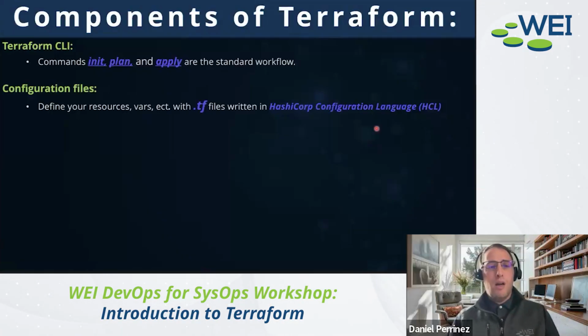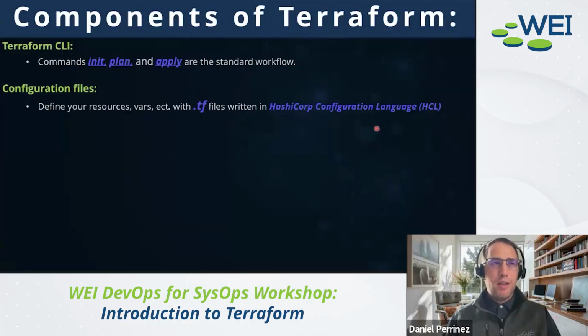So with a configuration file, you'll define your resources or your variables, etc., with .tf files, and these are written in something that's not too dissimilar from YAML, like we've talked about in previous topics, but it's called HashiCorp Configuration Language, HCL. So it's their own proprietary thing.